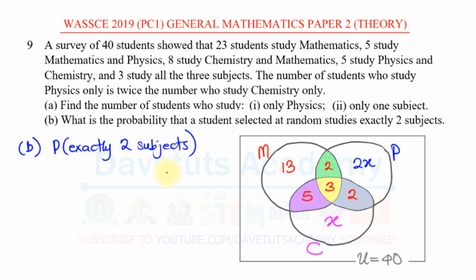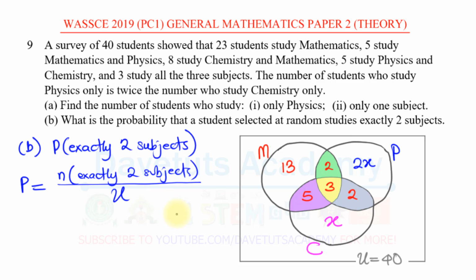That probability is going to be the number of students that studied exactly 2 subjects over the universal set, the total number of students, which is 40.